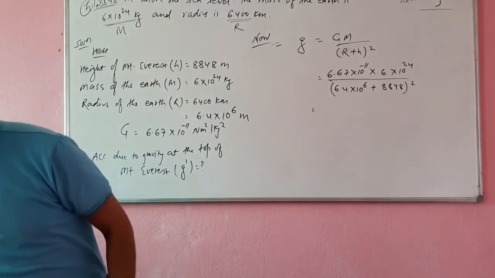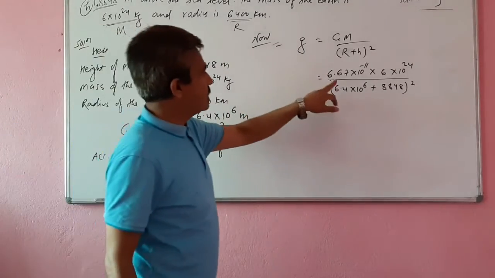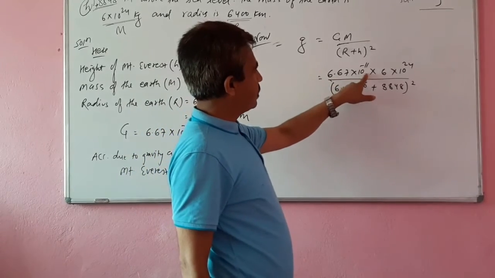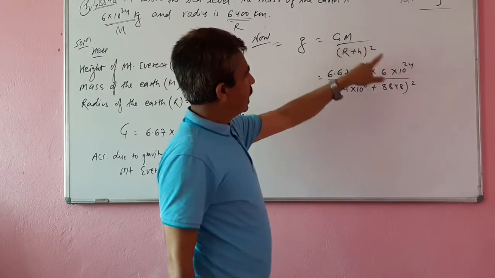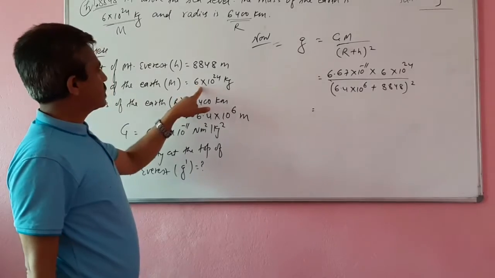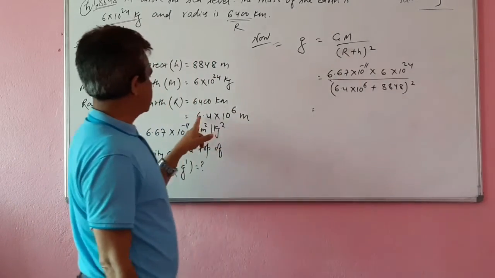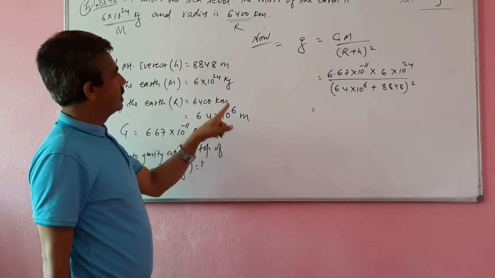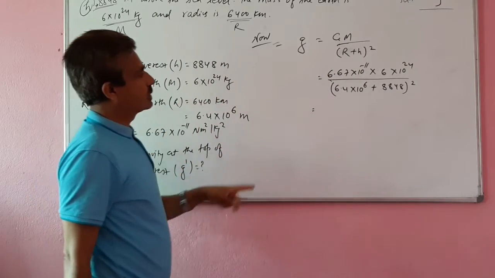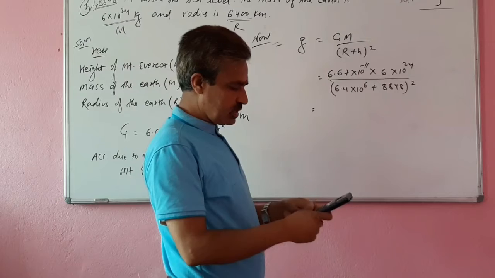What is done? Capital G is 6.67 times 10 to the power minus 11. Capital M is 6 times 10 to the power 24. R is 6.4 times 10 to the power 6. And h is 8848.